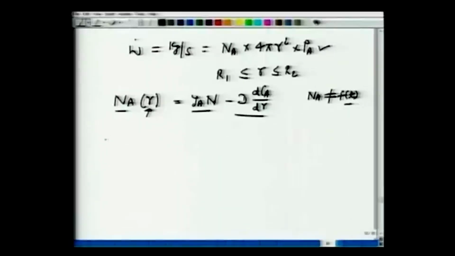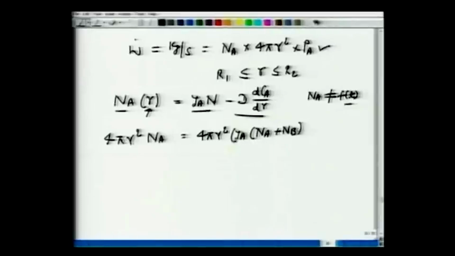If we multiply these equations with 4 pi r square, Na 4 pi r square equals 4 pi r square Ya, Na plus Nb, minus D dCA over dr.